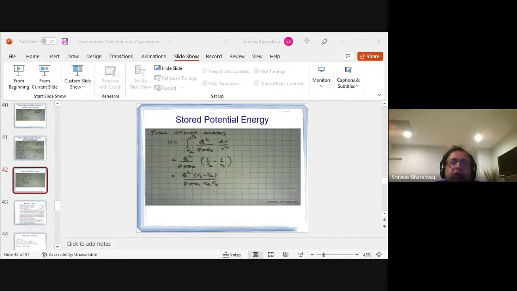So now this current is called displacement current. It's a different kind of current. It results from the polarization of the dielectric.